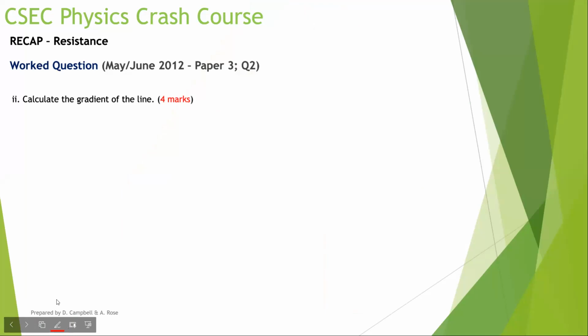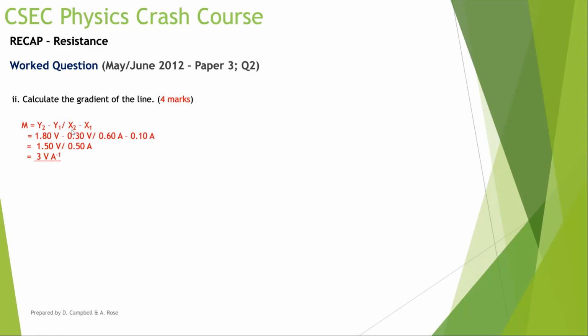Right. So the next task is to calculate the gradient of the line. And we know that to calculate the gradient, we use the formula y2 minus y1 divided by x2 minus x1.